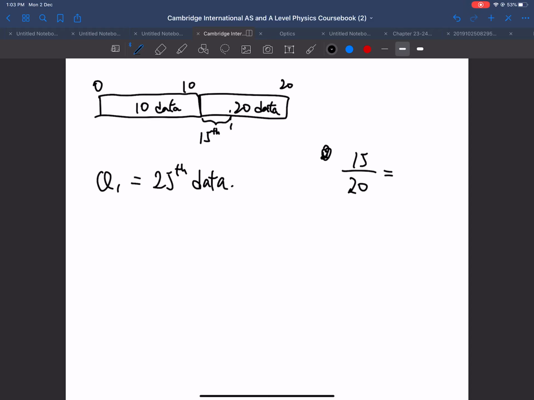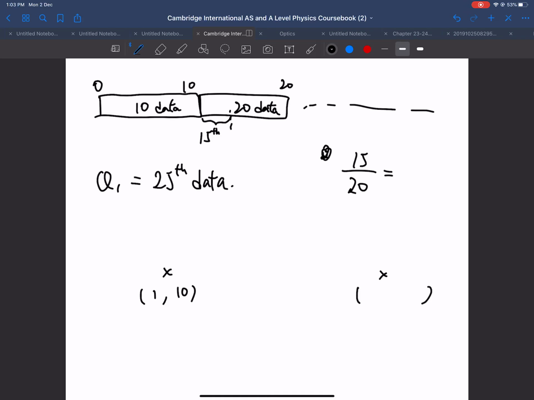Or you just consider this a point here. Why are you only doing 15? 15 because out of 30. Wait, isn't that Q3? 20 plus 10, 30. 15 out of 20 is Q3, right? No, assume there's more data. There are 100 data. I didn't write it down. It doesn't matter.